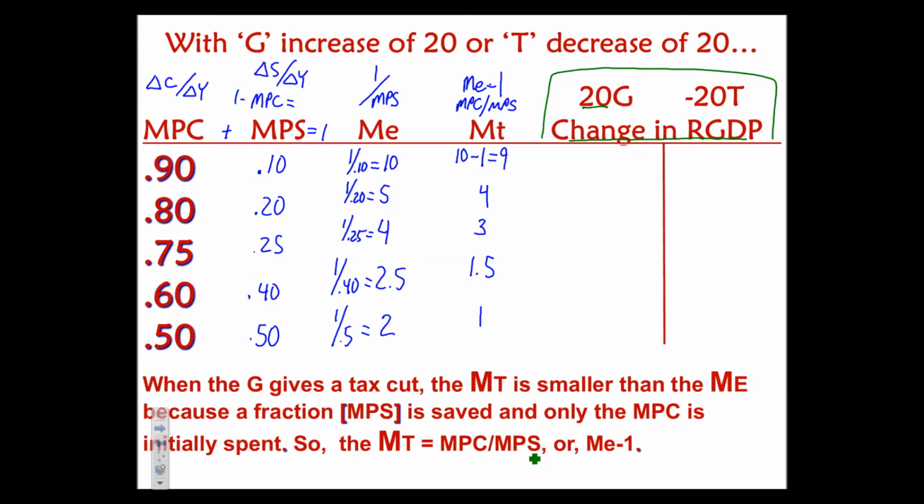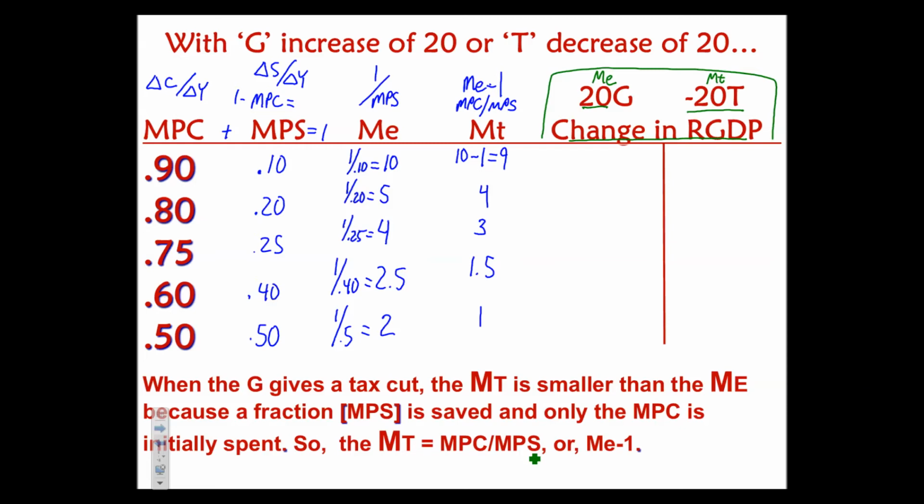Or we could decrease taxes by 20 and GDP would change by some amount. Okay? So when we increase government spending, we're going to multiply by the expenditure multiplier. When we reduce taxes, we're going to multiply by the tax multiplier. So let's do these together.